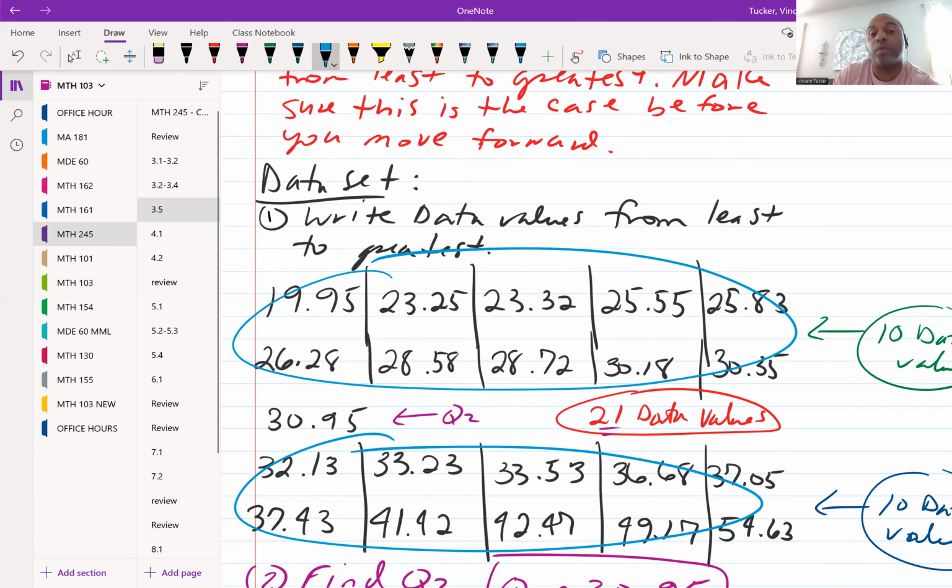Since I have 21 data values, I wrote the middle one in the middle. It's up to you how you want to set up your work, but it's always easiest for me to split things in half, so I know how to operate moving forward, looking at the first half of data, second half of data. I have an odd number of data values, so when I split my data set in half, I have half, my middle number, and then my other half.